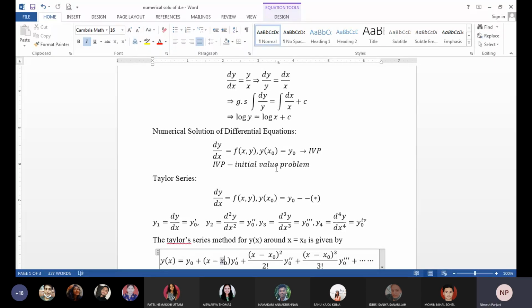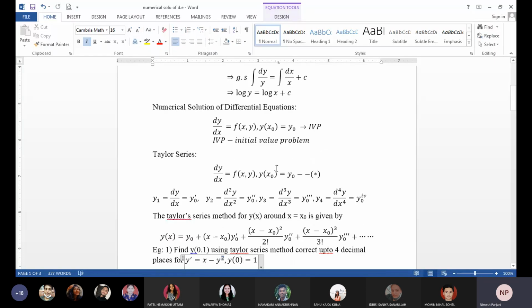What does the Taylor series method tell us? y(x) is given by y0 plus (x minus x0) into y0 dash, plus (x minus x0) whole squared divided by 2 factorial into y0 double dash, plus (x minus x0) whole cubed divided by 3 factorial into y0 triple dash. The next term will be (x minus x0) raised to 4 upon 4 factorial into the fourth order derivative of y0.